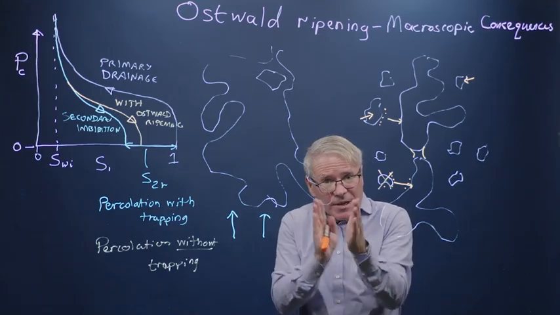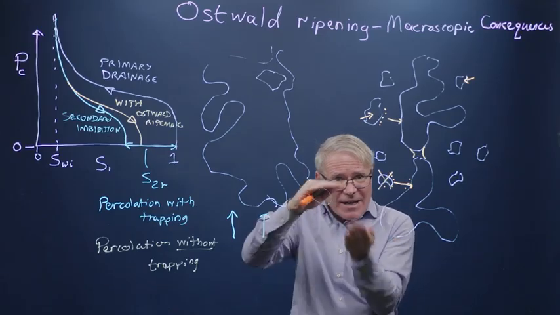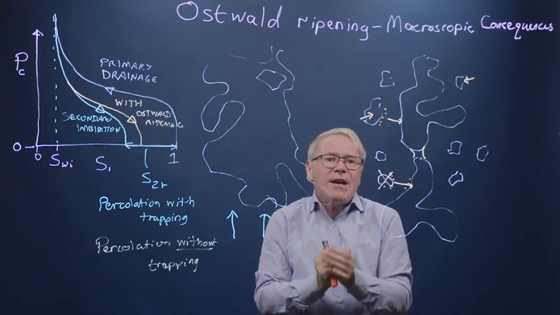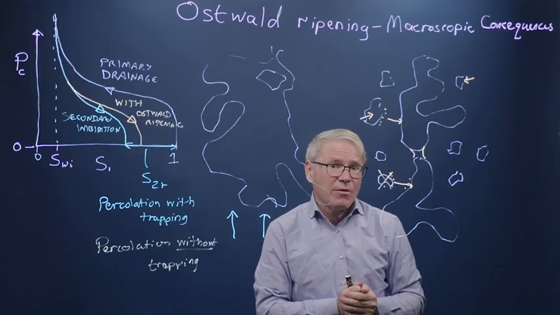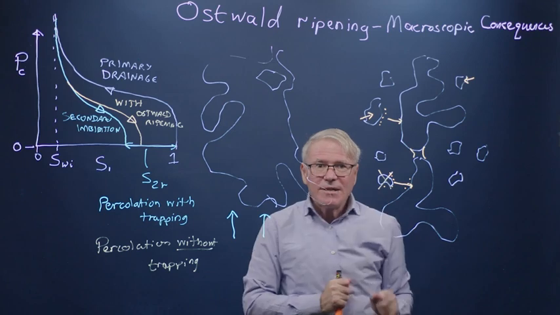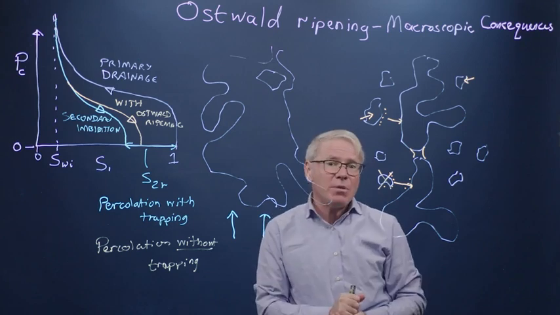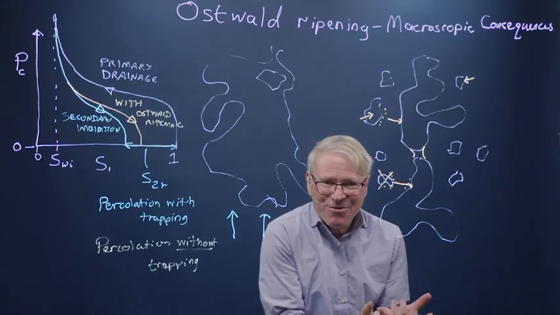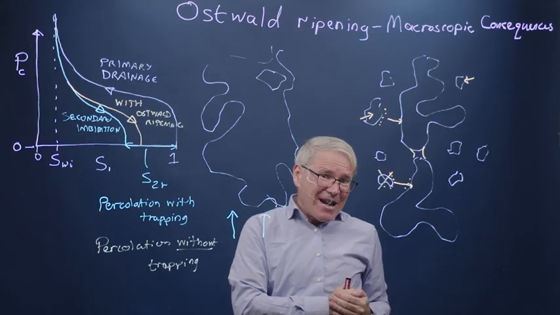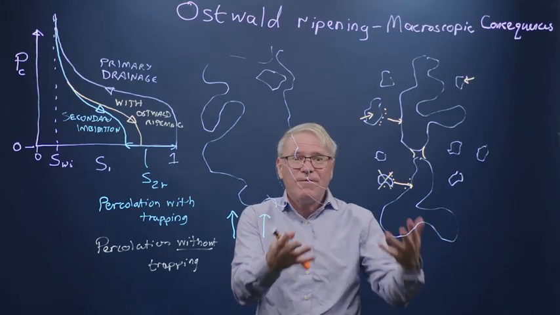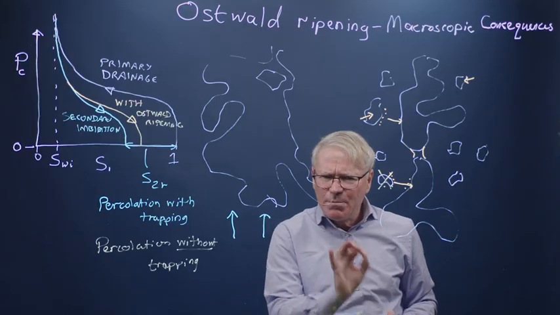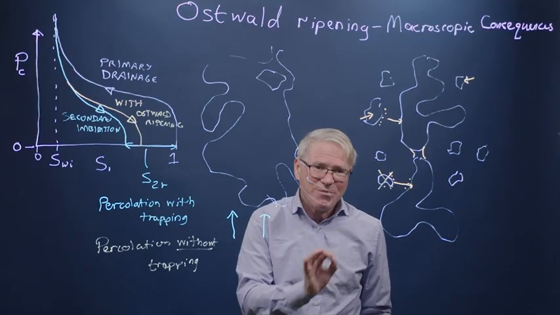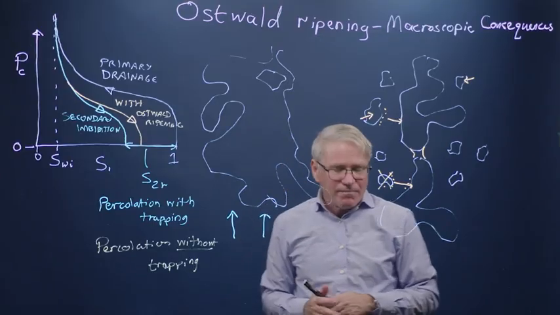See, when both phases are connected, I can increase the pressure in the water or decrease the pressure in the gas, and I'm imposing a capillary pressure. Once the gas is all trapped, actually nothing more happens because I cannot impose a capillary pressure that would allow the rest of the gas to dissolve. I can just keep injecting water and eventually the gas dissolves, but as a displacement process, I can't do that. So in fact, you do trap within the pore space, but you trap less.